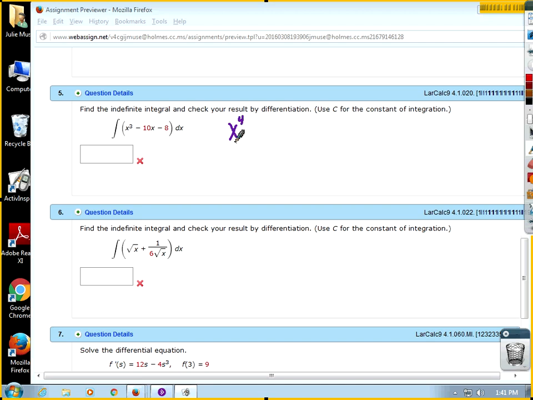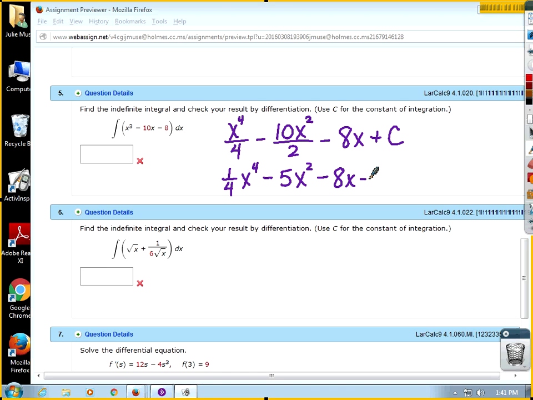So the integral of x cubed would be x to the 4th over 4, minus 10x squared over 2, minus 8x plus c. Now you can also write that as 1/4 x to the 4th if you prefer. And then, of course, 10 over 2 is 5, so 5x squared minus 8x plus c.